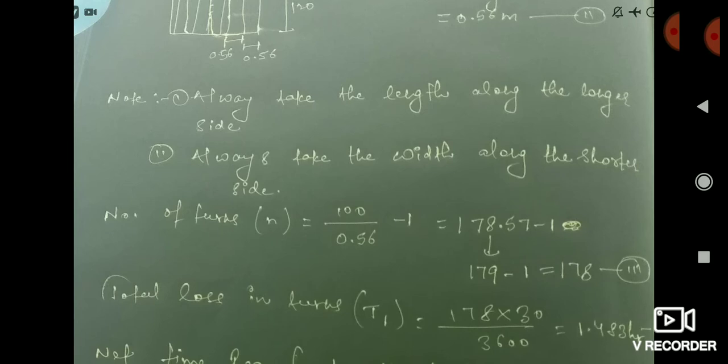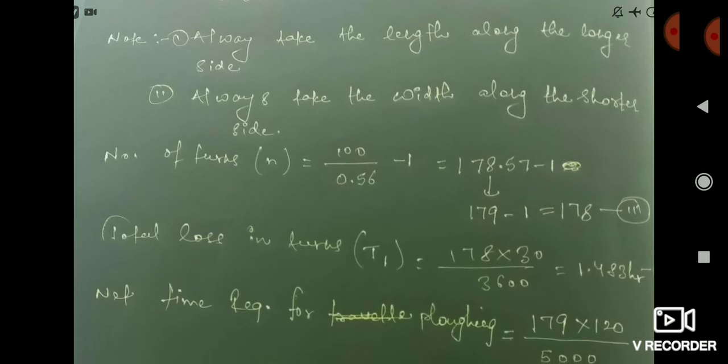Means at the last, our tractor makes the last movement and then does not return from there, and that's why you can easily understand the term. So I have got the answer, that is 178.57 minus 1. Whenever it is in decimal, we can't take 178.57 turns, because you have to take an integer.